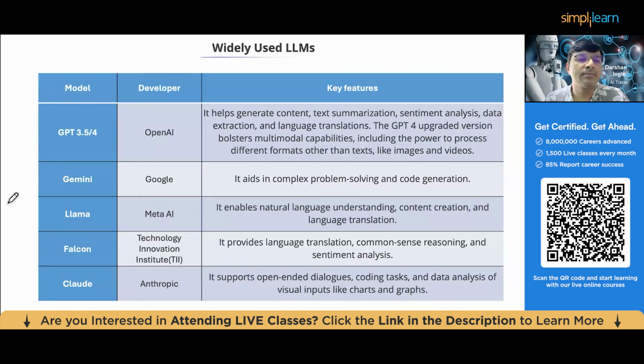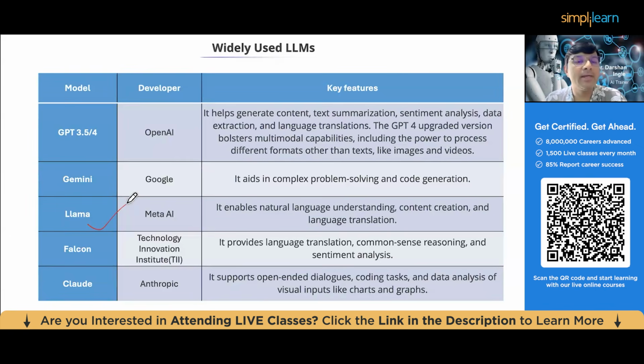The third is Meta AI's Llama. This is open source and lightweight, and it focuses on natural language understanding, content creation, and translation. So startups use Llama as a foundation for custom AI chatbots because it can be fine-tuned cost effectively.